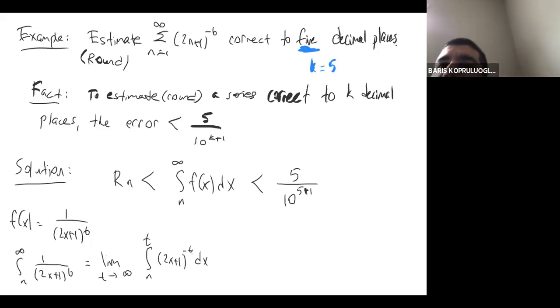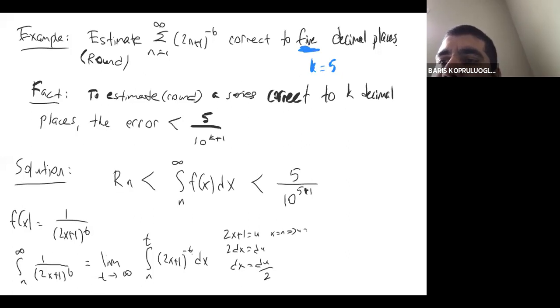And to integrate that, you need to use u substitution. If you update the boundaries, when x is n, u is going to be 2n plus 1. When x is t, u is going to be 2t plus 1.